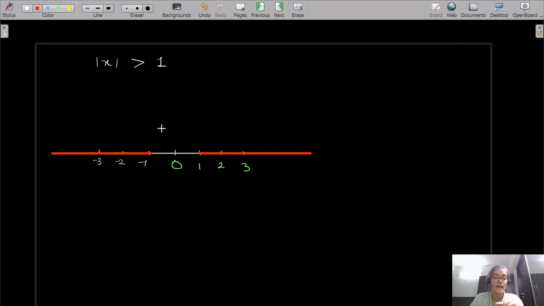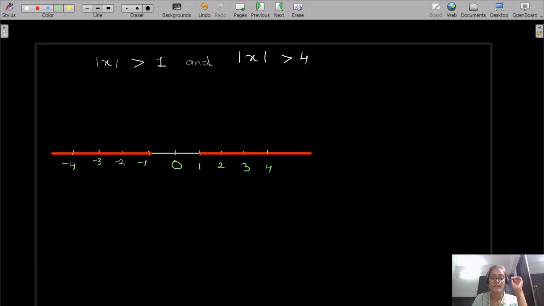Now if I add another inequality and if I say that absolute value of x is greater than 1 and absolute value of x is greater than 4. Now I also want those numbers whose distances from 0 is gonna be greater than 4.